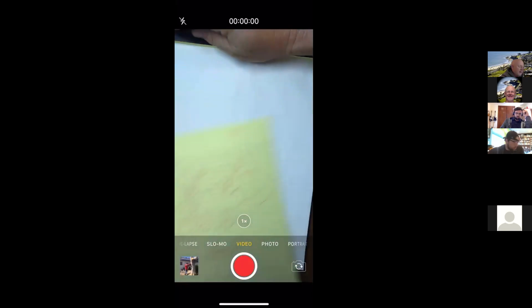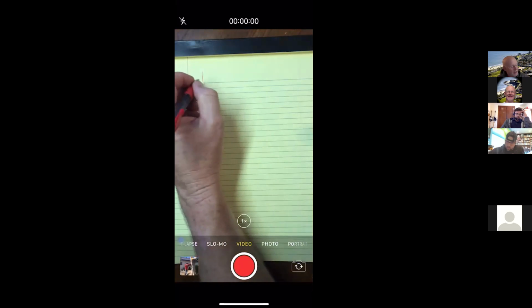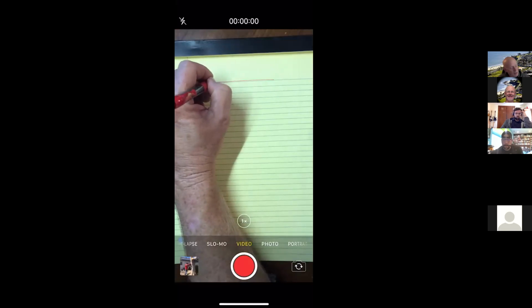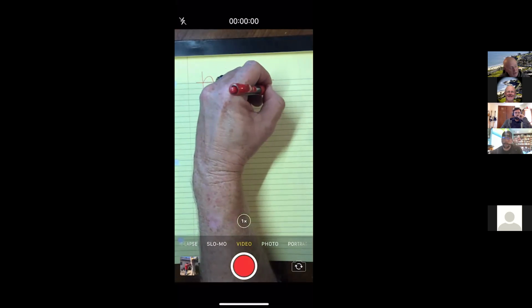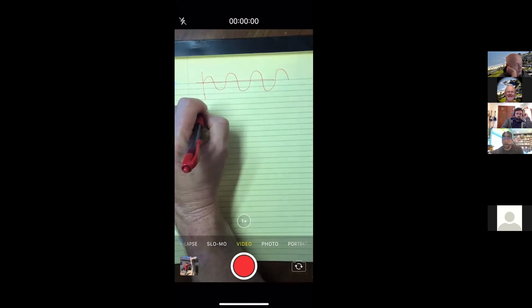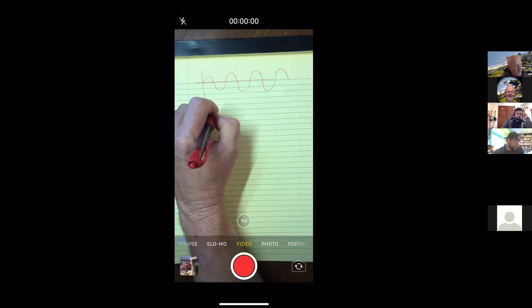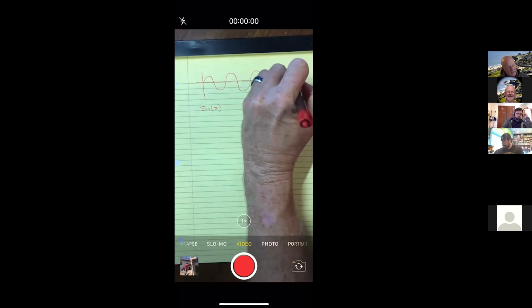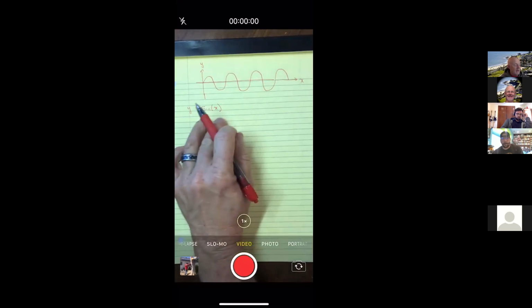So let me come back and do a little bit of trigonometry here. If I were to draw a sinusoidal wave, let me write it as sine x, and so this is the x-axis and this is the y-axis, and so y equals sine x.